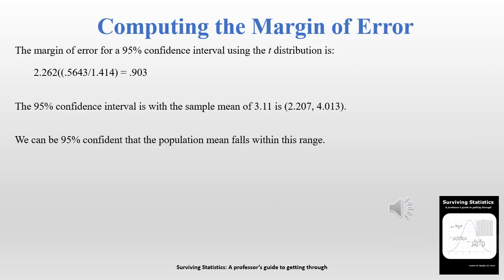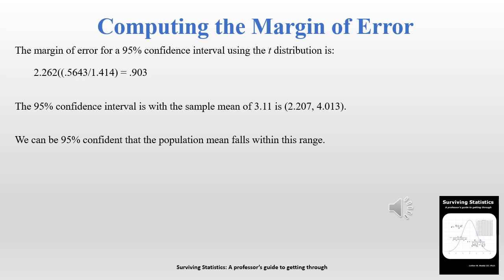All right, let me remind you again what we were doing. We had our 10 students in our statistics class, and we took their sample mean, all 10 of them, and came up with 3.11. We're trying to estimate the GPA of all of the statistics students in the class using that sample mean of 3.11.